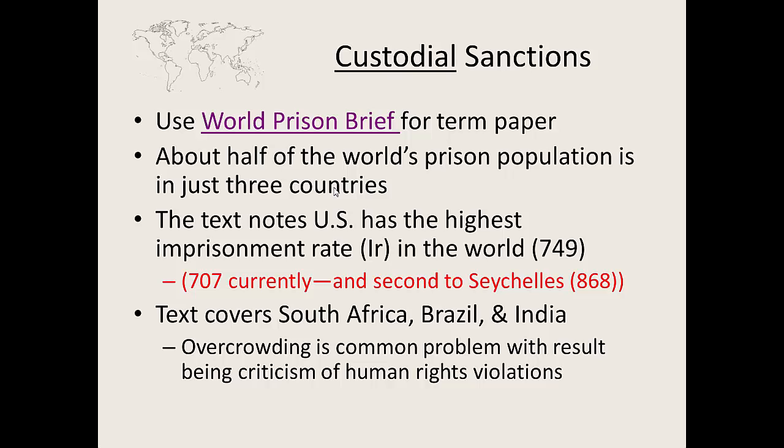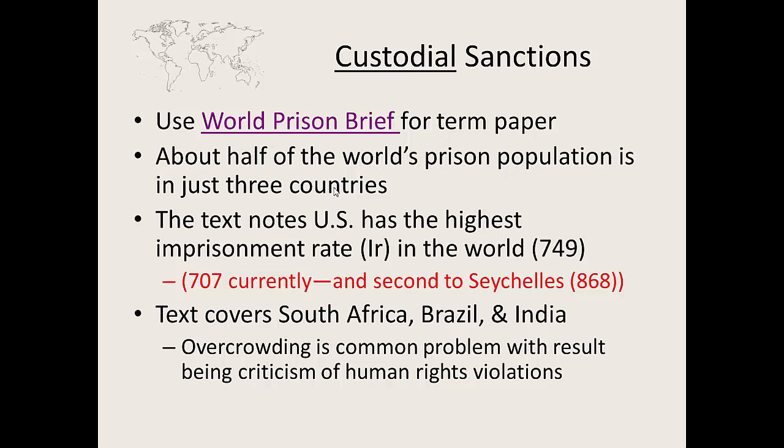The textbook notes that the United States has the highest imprisonment rate in the world, at that time 749 when the book was published. Just as an update, but again, for test purposes, we will be using the information in the textbook. But for your own information, currently the United States has an imprisonment rate of 707 per 100,000 population.